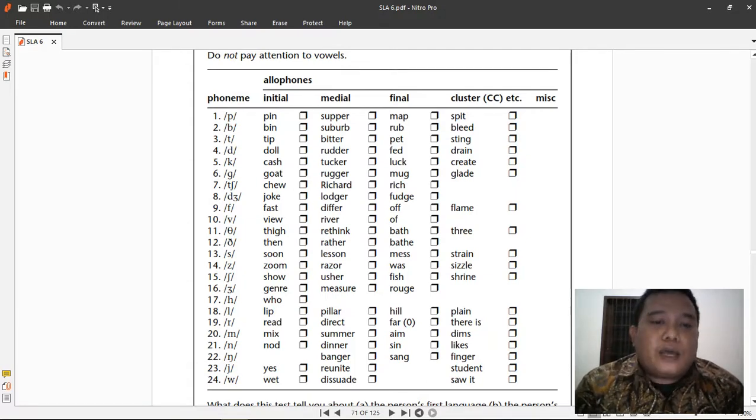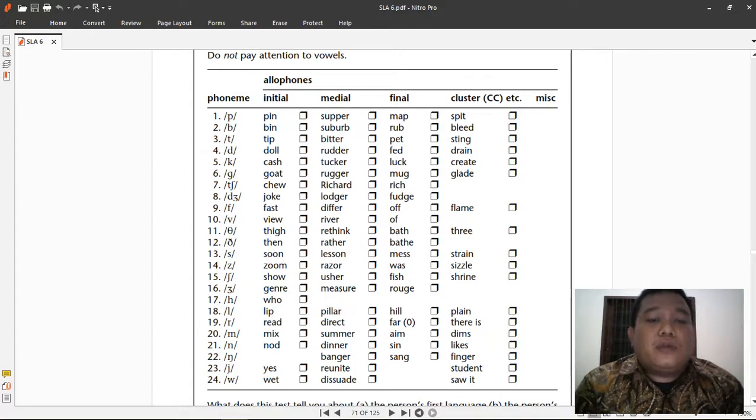The fourth we have d, and then k, and then g, and this one is the larger one, ch. So it is a bit different from number 3. Number 3 is t, and number 7 is ch. And number 8 is like in pronouncing j. J, not ch but j.